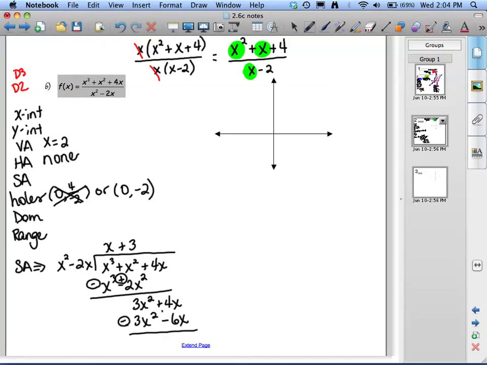Change the signs. 10x is our remainder. This is our remainder, which we are going to ignore because it has little meaning to me when we're talking about asymptotes. So our slant asymptote is y equals x plus 3.